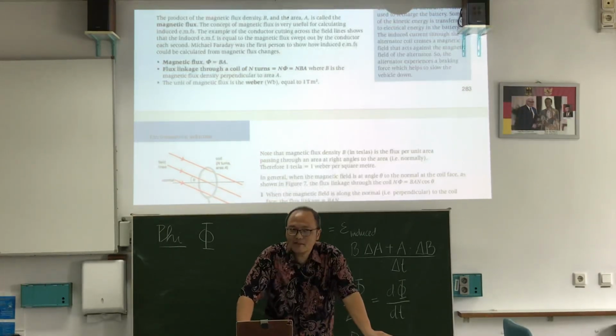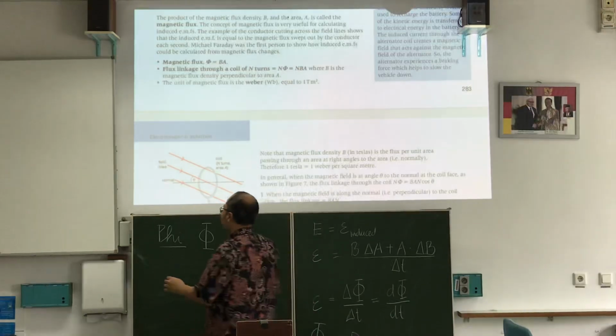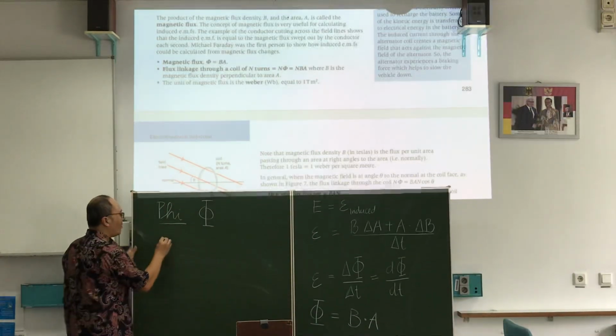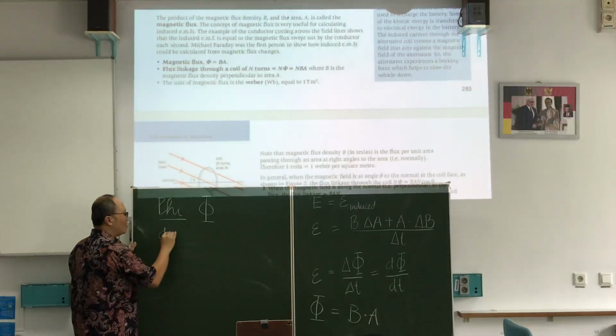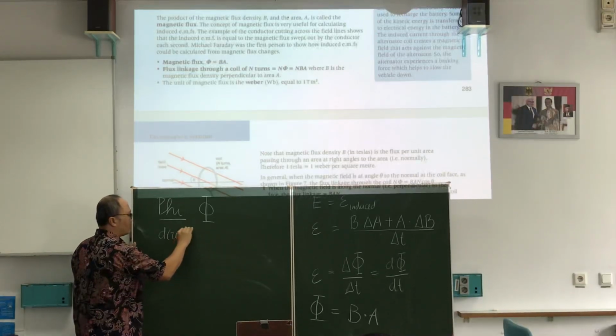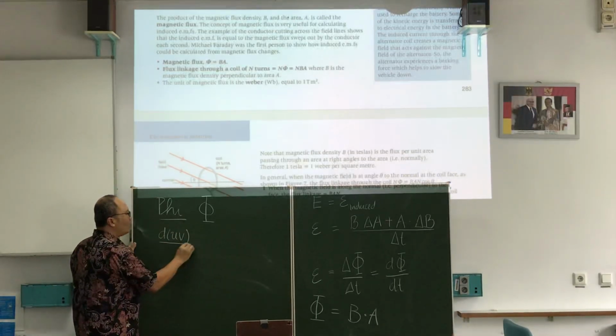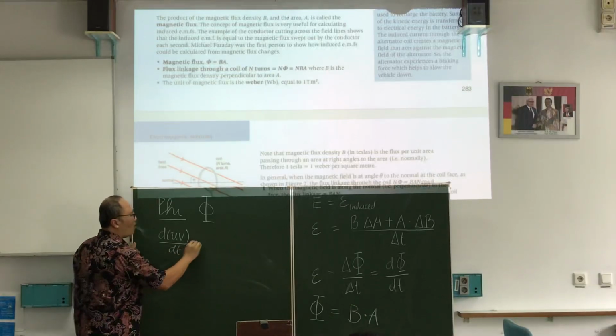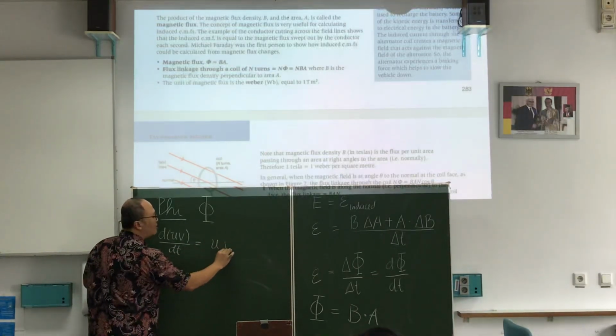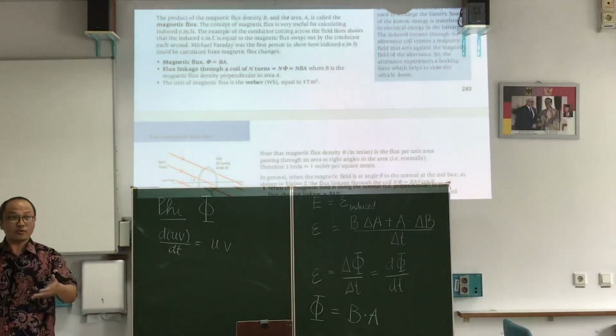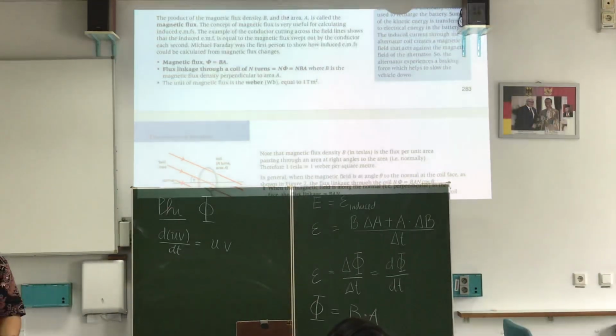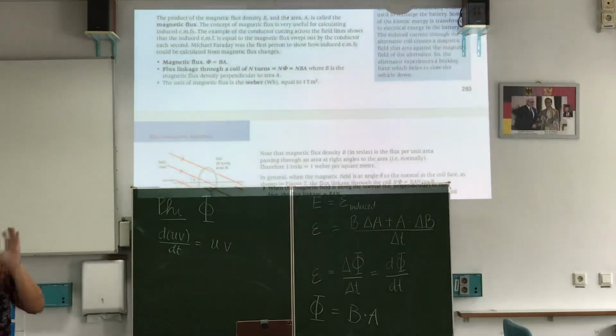B times A. A little visit to your differential. If you have dUV to dt, or apply the term from U times V, have you used U and V in the product rule? Forgotten? Lost in translation?